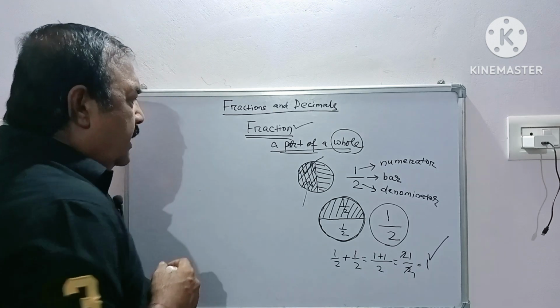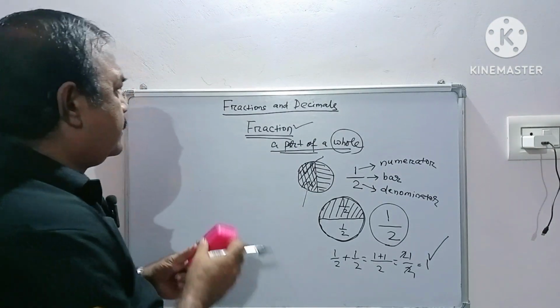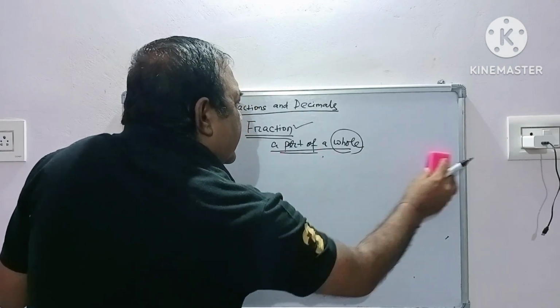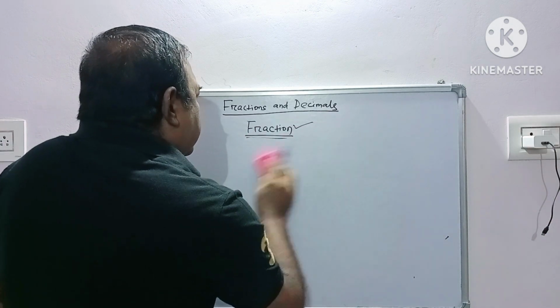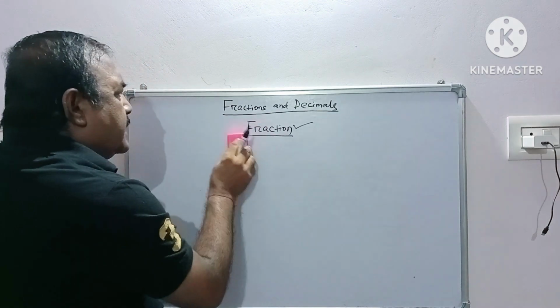So now we proceed. Just I erase it. Be fundamentally clear. Before going to the exercise, we will know the types of fractions, and before that we will discuss some examples.